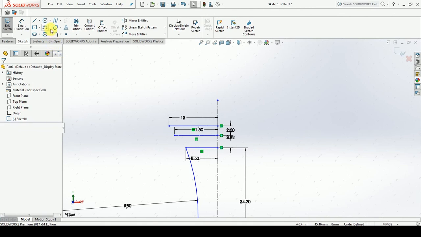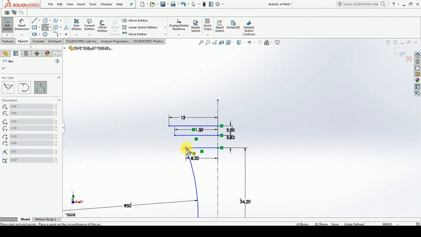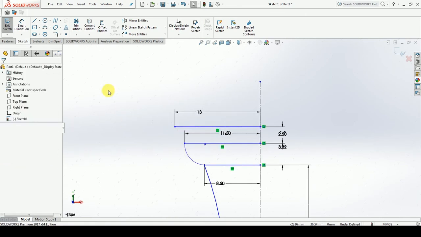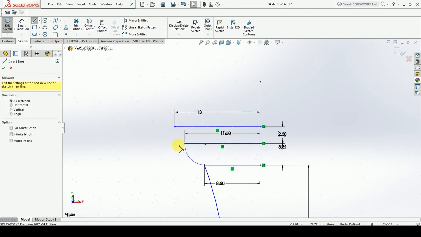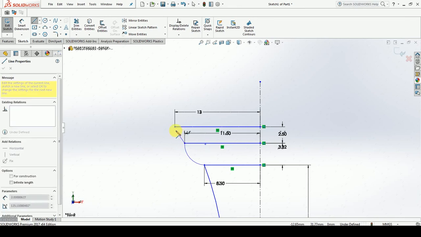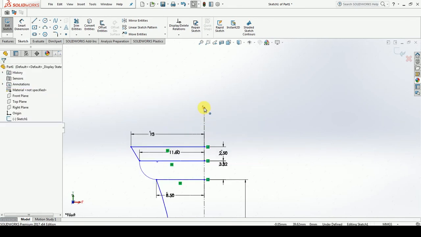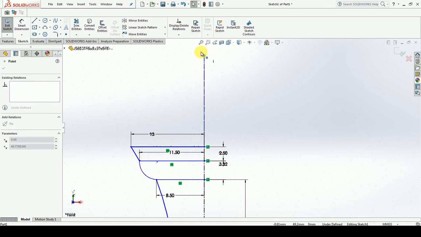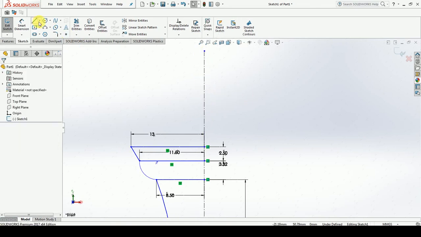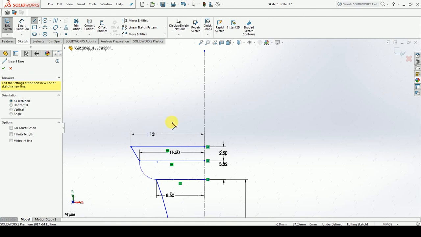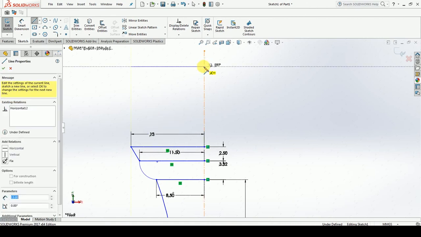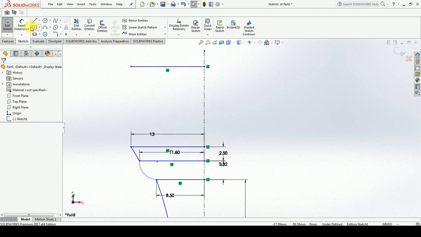Again select the 3-point arc, select the first point, select the second point. After that select line, joining the two end points of these lines. Extend this center line above. Select lines again, select a horizontal line ending at the center line.